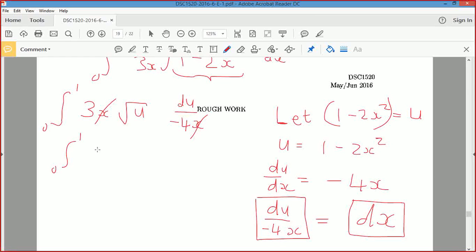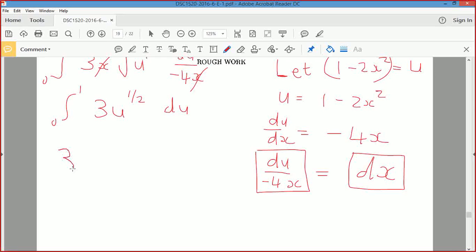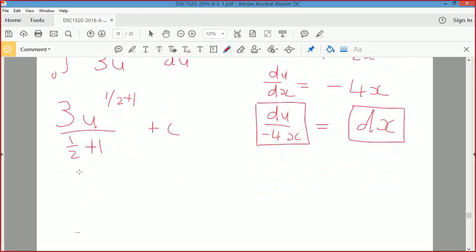So now I'm looking at the integral of u to the half du. Can I find the integral of that? Very easily. Because now I write down the number, I write down a half, I add 1, I divide by 1 over 2 plus 1, and that gives me the plus c, obviously. So let's work that out. u to the 3 over 2 over 3 over 2.